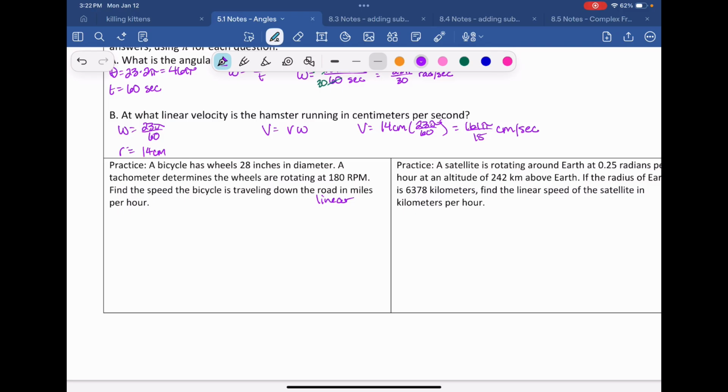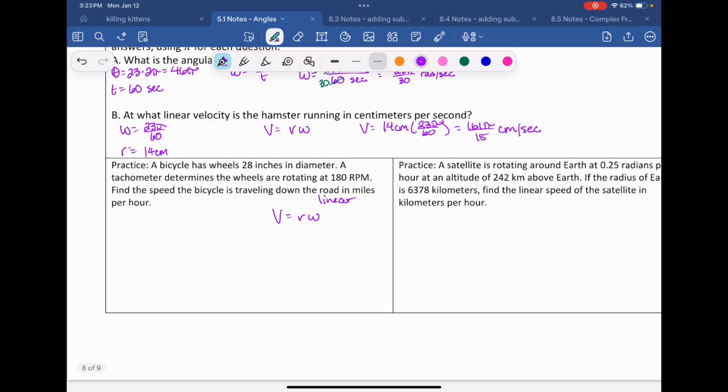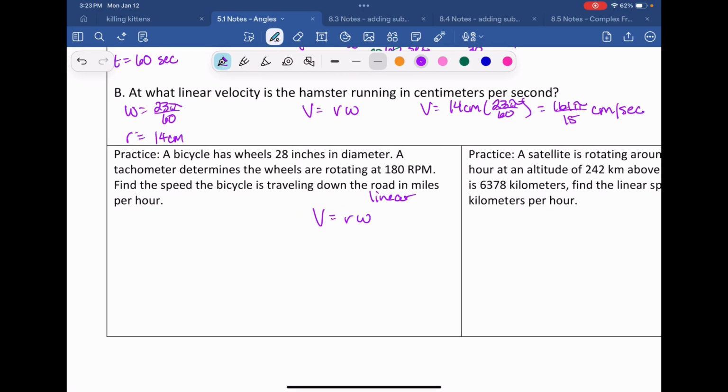All right, so velocity equals radius times omega. Okay, well, I need omega. Let's see. I know radius is 14 inches. I know theta is 2 pi times 180, which is 360 pi.